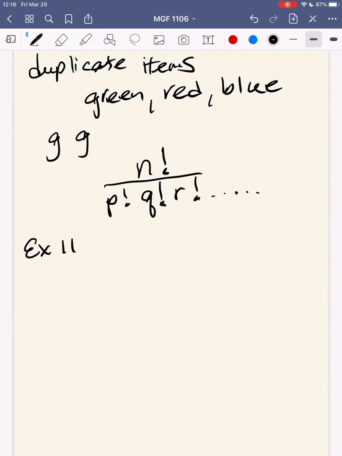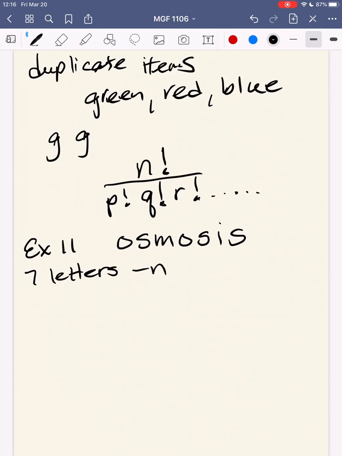All right. And I'm going to go ahead and do example 11 to see how this works. In how many ways can the letters of the word osmosis be arranged? Okay. And osmosis has 7 letters total. So that's our n.